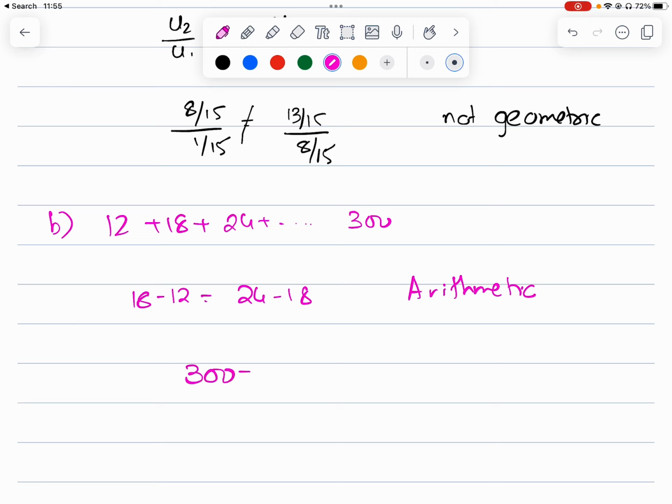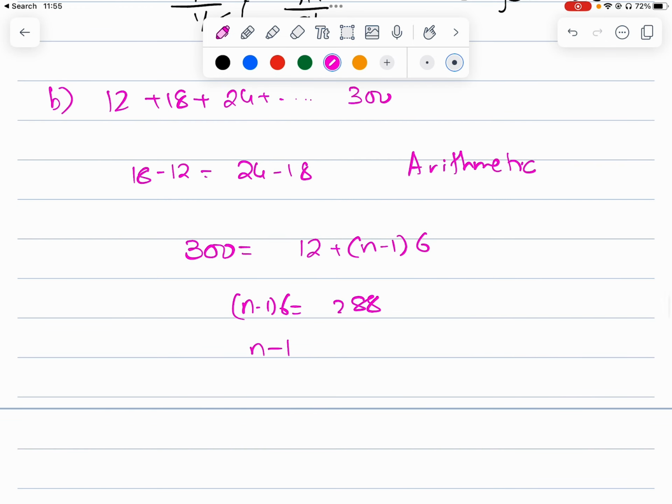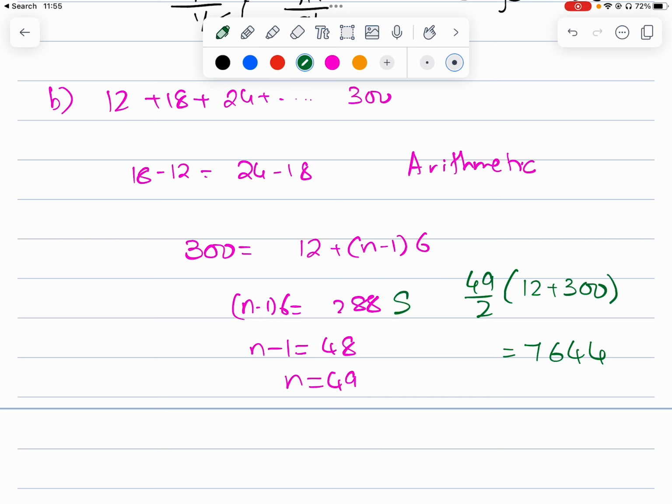So 300 equals 12 plus n minus 1 times the common difference 6. So n minus 1 times 6 equals 288. So n minus 1 equals 48, so n equals 49. Once I know the number of terms, S49 is 49 upon 2 times first term plus last term. Simplify that, you should get 7644.